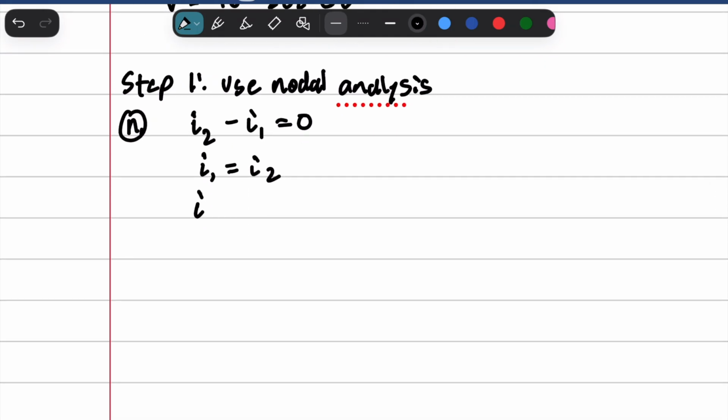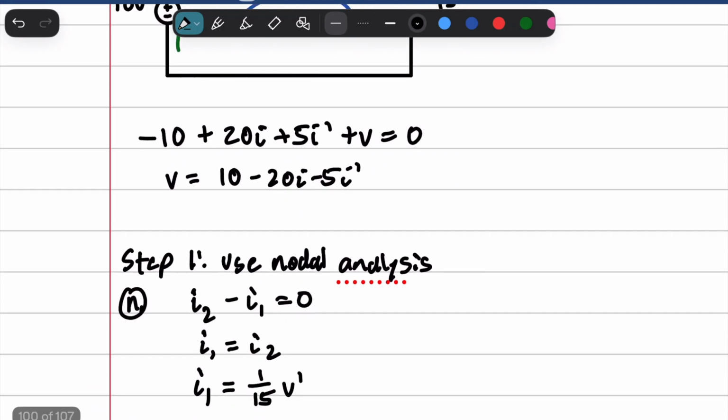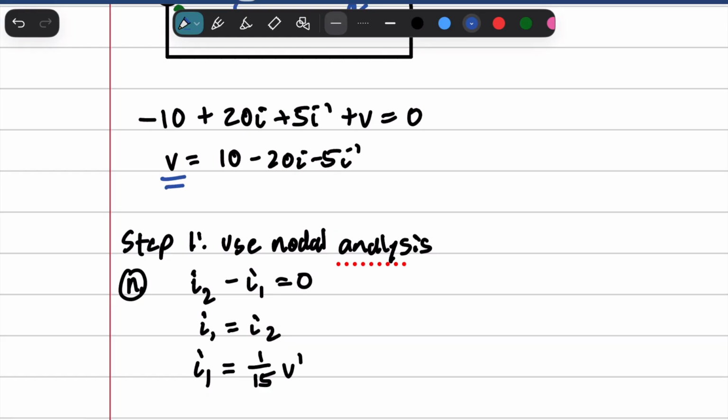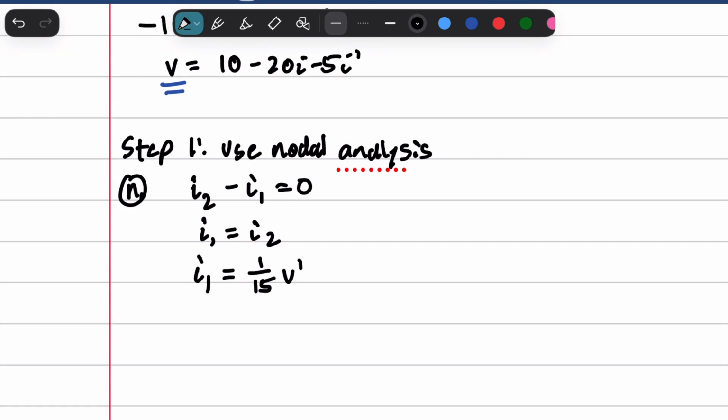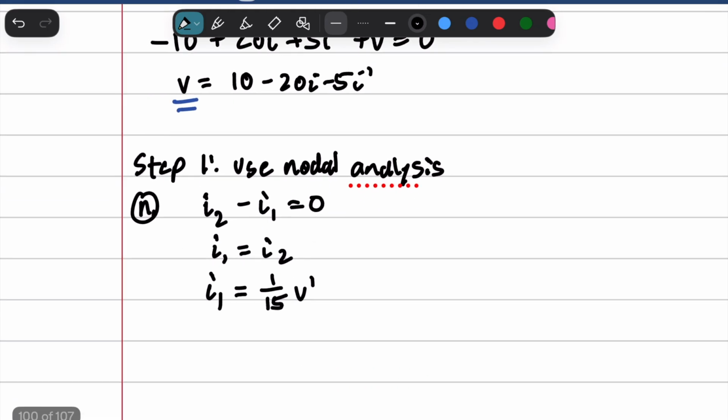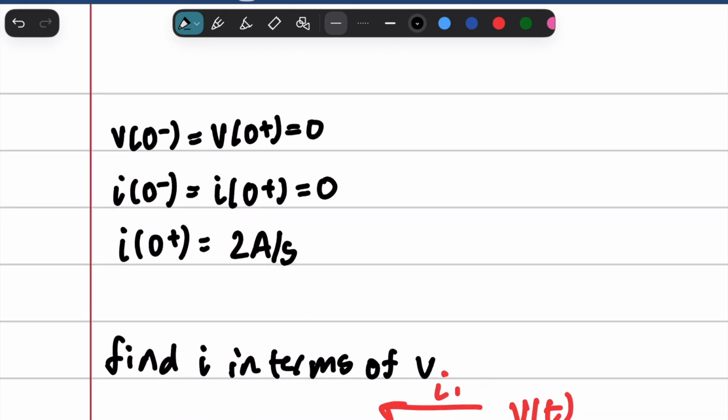I2 is just the capacitor, which is going to be 1/15 v prime. And guess what? We know what v is, right? Well, we don't technically know what v is, but we can get it in terms of i. And so we are going to have to find the initial condition for v prime 0 plus, okay? Because we only have i prime 0 plus, but we need a v prime 0 plus or else we can't solve this, right?